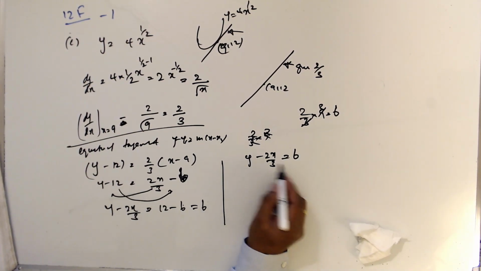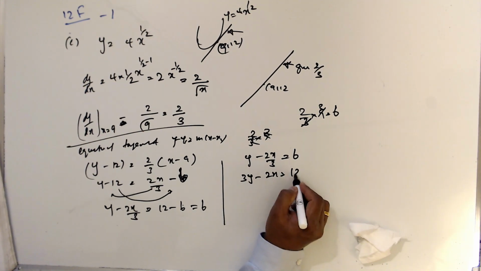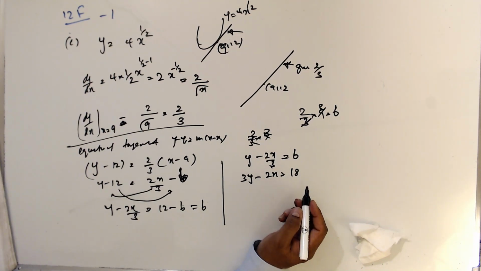Now I multiply by 3, each and every term, to get rid of the denominator 3: 3y minus 2x equals 18.